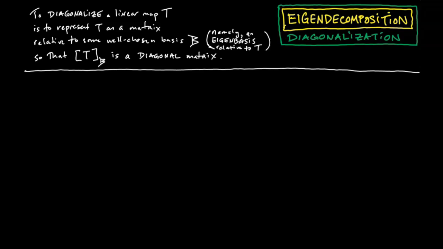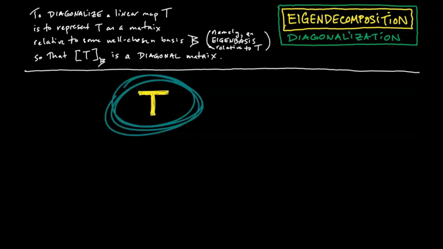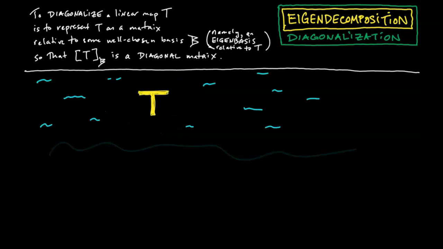We've now spent quite a bit of time talking about what it means to diagonalize a linear map. But a linear map is a kind of abstract, ethereal object. Like we can imagine, here is our linear map T floating about in the ether. Wonderful, coordinate-free, immaculate, and so forth.